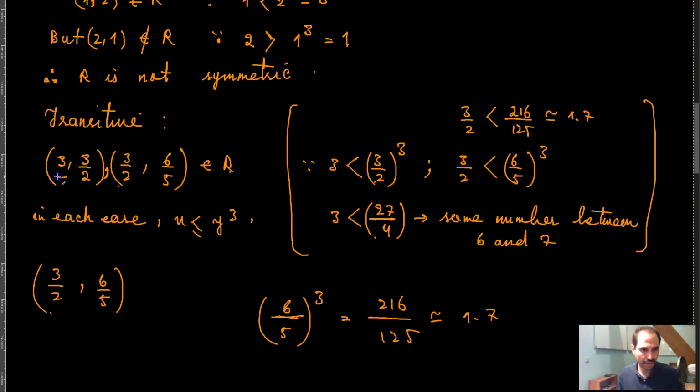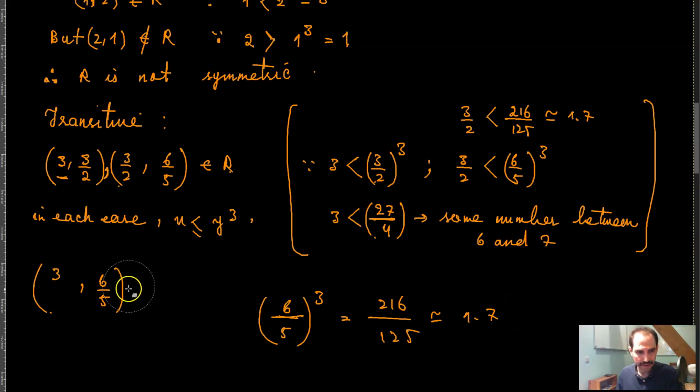No, I'm sorry, I'm supposed to take this number actually. So 3 and 6/5, right? So we argued that 6/5 cubed is approximately 1.7.